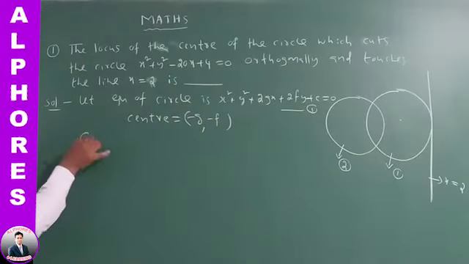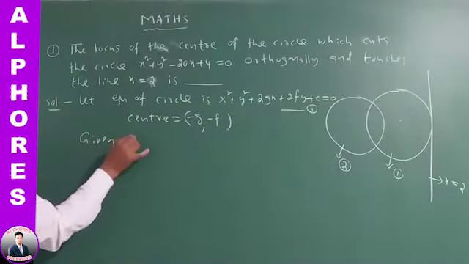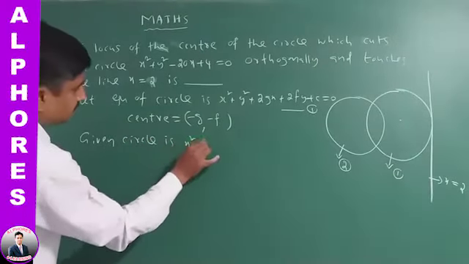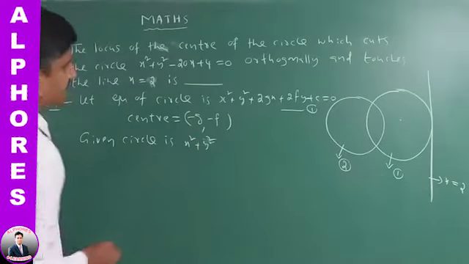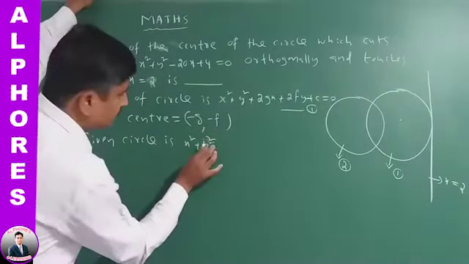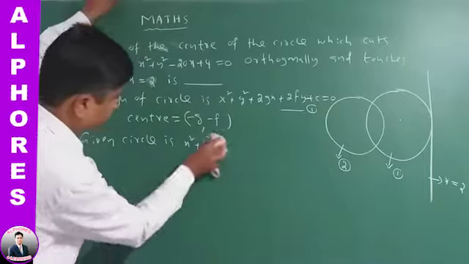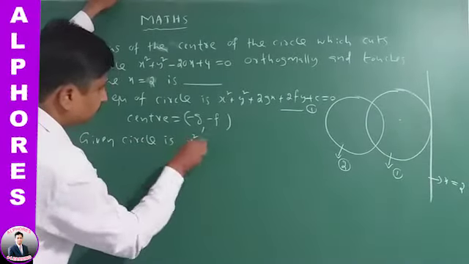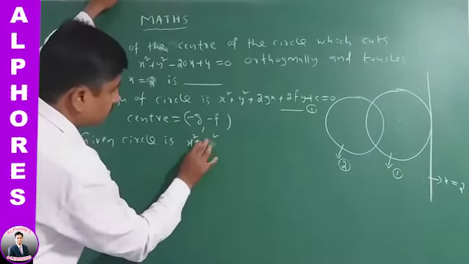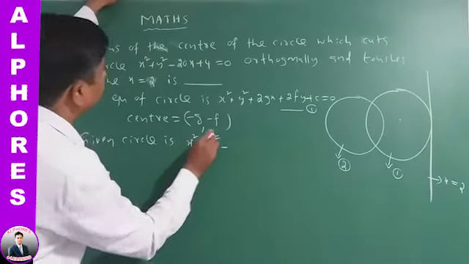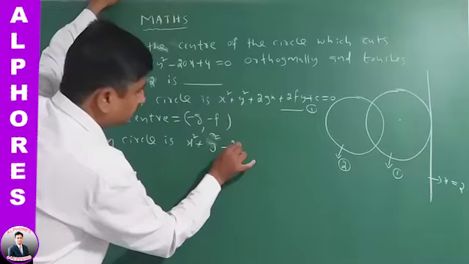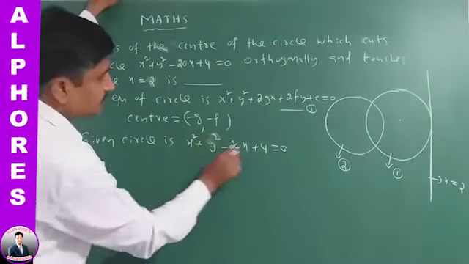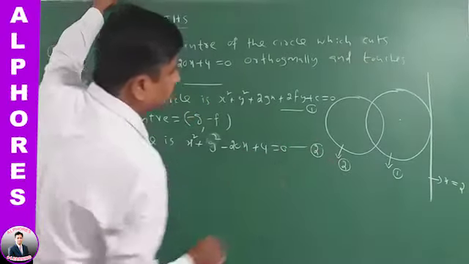Next, the given circle is x² + y² − 20x + 4 = 0. Let it be equation number 2.